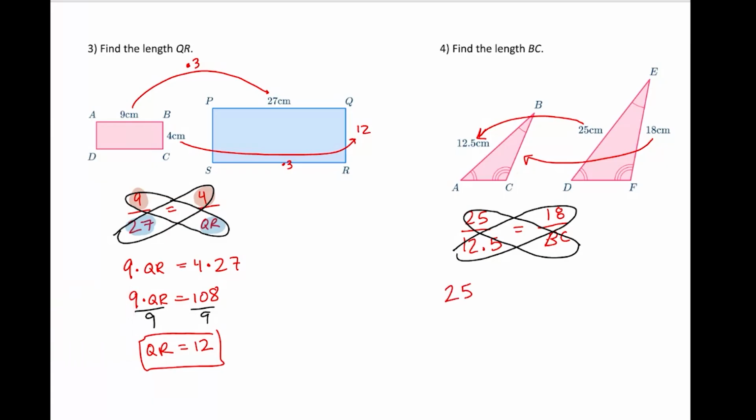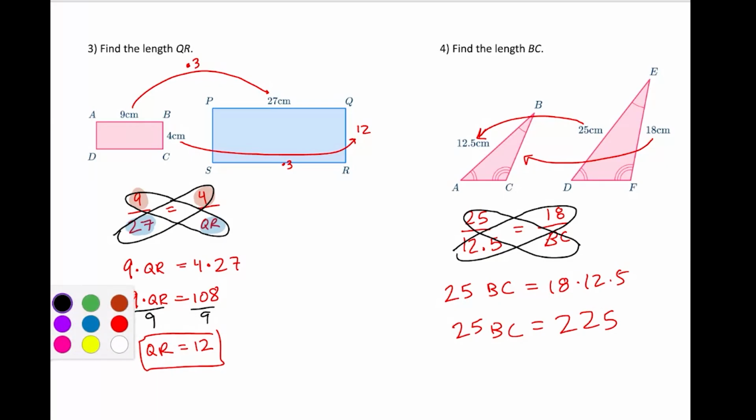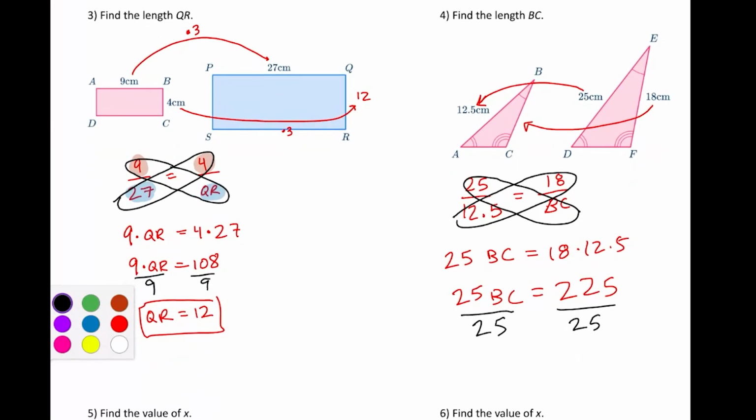So 25 times that length of BC equals 18 times 12.5. Do a little calculator action here. 18 times 12 and a half is 225. So this one's going to work out pretty good. We need to divide both sides by 25. And looks like we get 9 here.